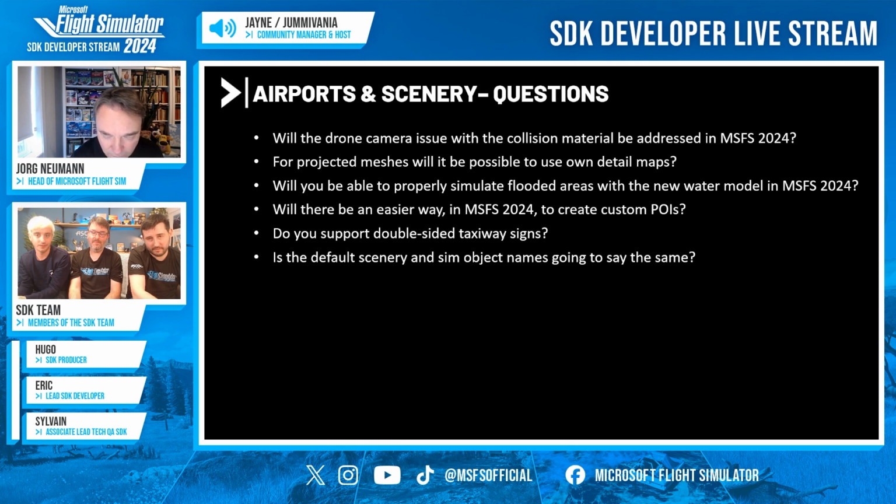Will terraforming be more precise with the new ground model, or will it have the same method as it does in 2020? Because this is a question we received in advance, we tried to get the information.